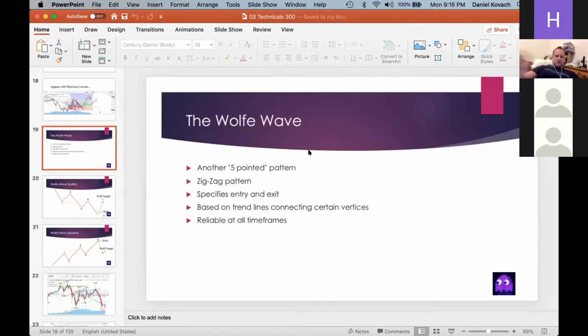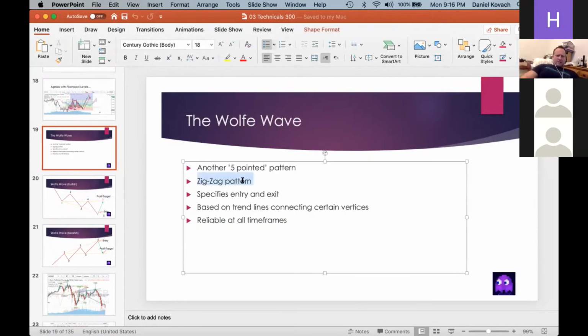Well, the wolf wave is very similar, but I'm going to jump right into it for reasons that will be clear to you at the end. And it's what we call a zigzag pattern. So basically, if you picture in your mind what a zigzag looks like, it's that. A little bit of nuances, but basically just so you have an idea.